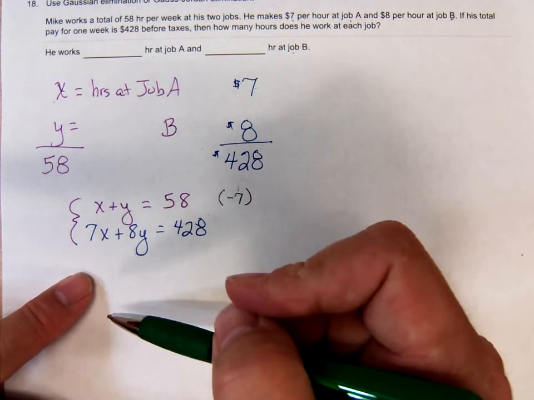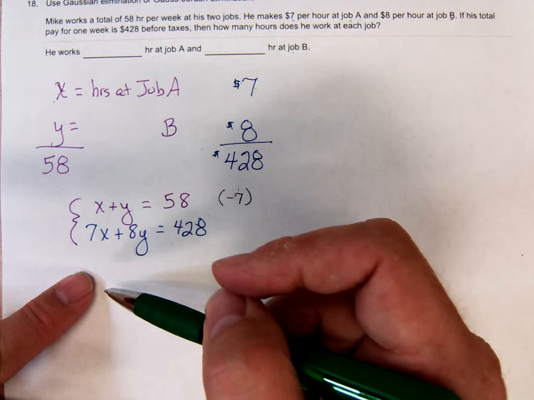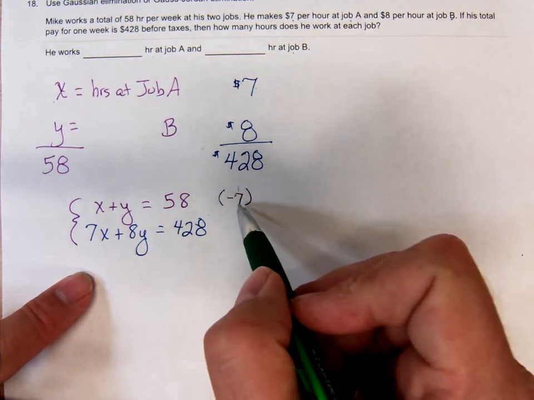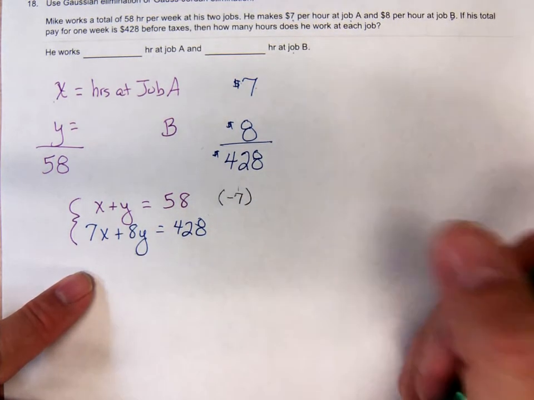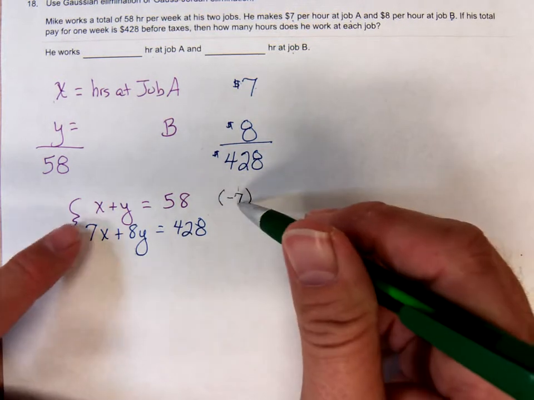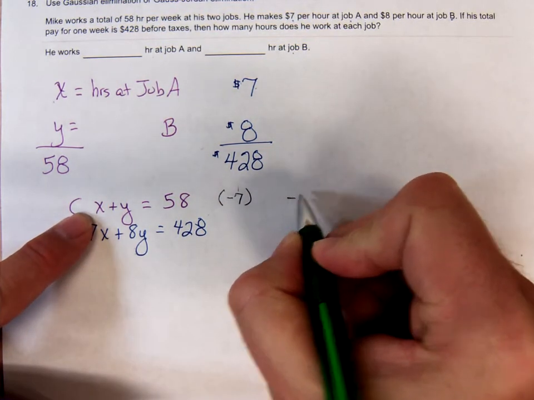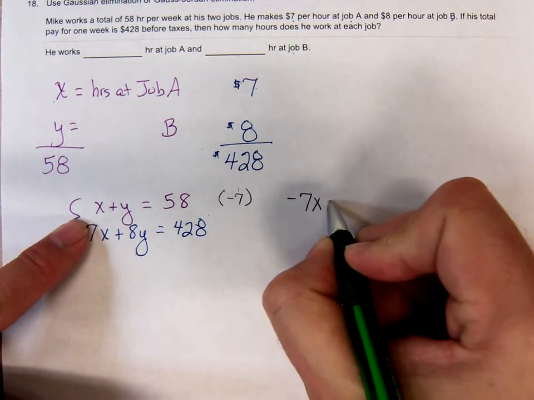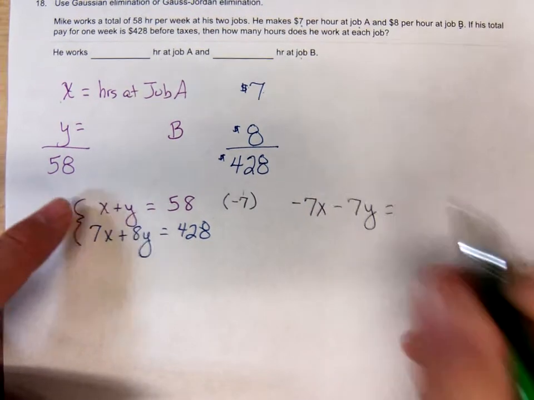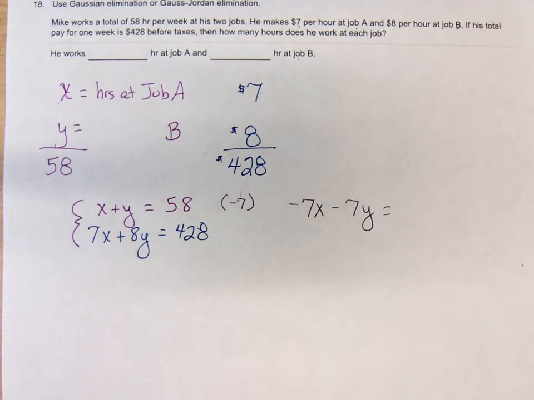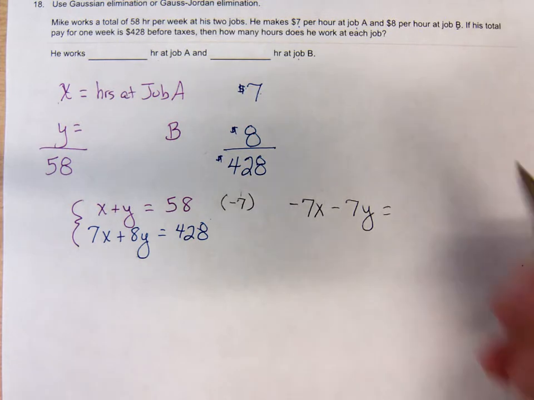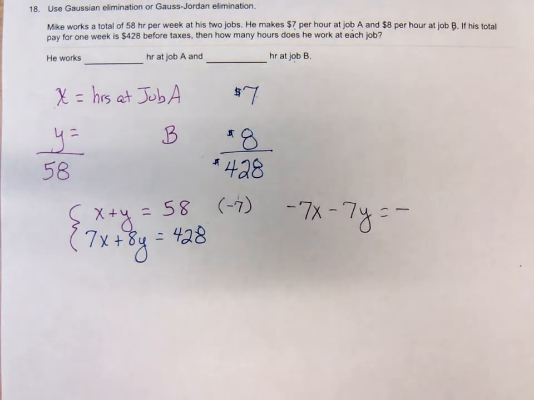If you look back at what I've done on all of these, I always chose in such a way that I didn't have the negative to worry with. So multiplying by -7, I do -7X minus 7Y equals, let's see, what's 58 times -7? Well, 50 times 7 would be 350 plus 56, that's 406.